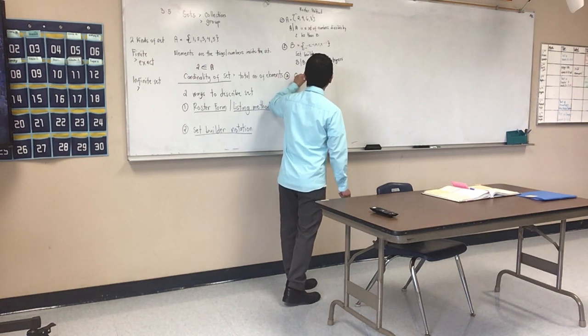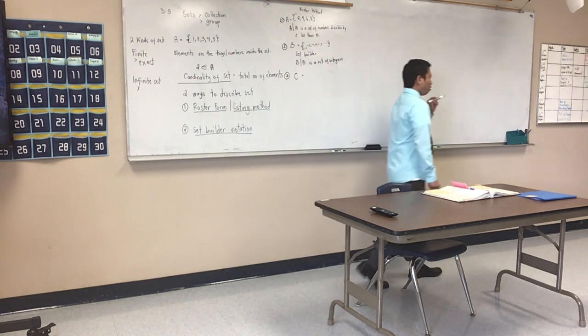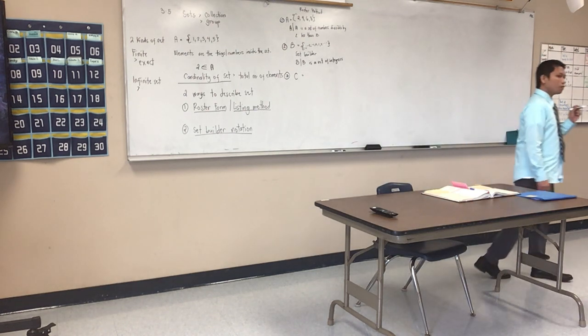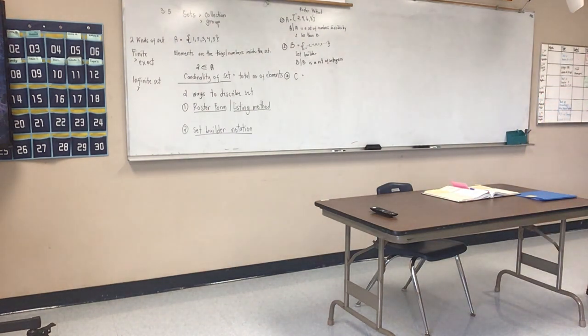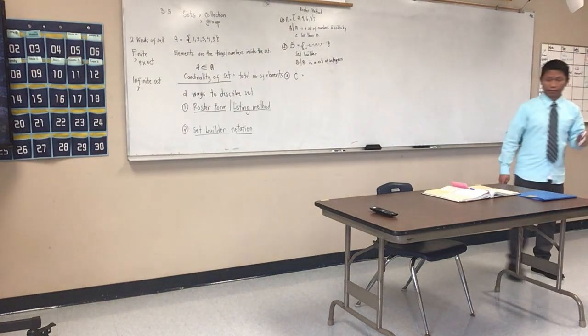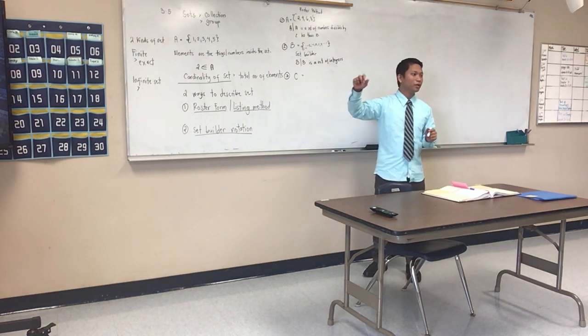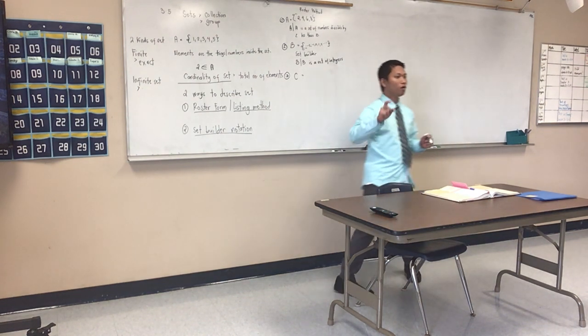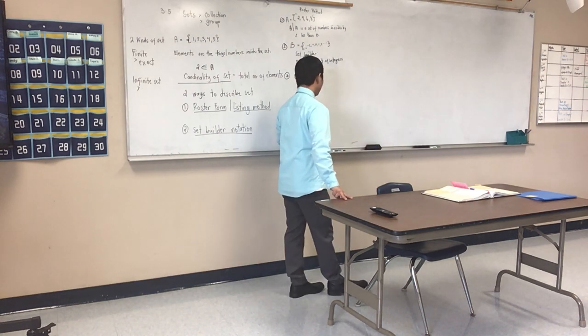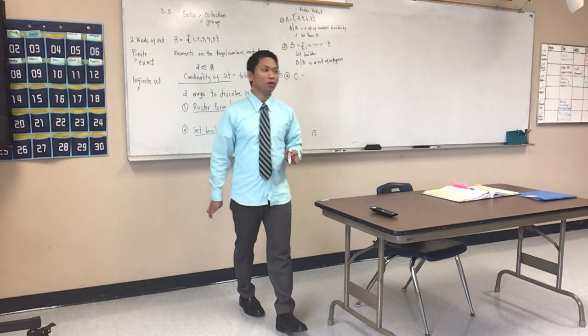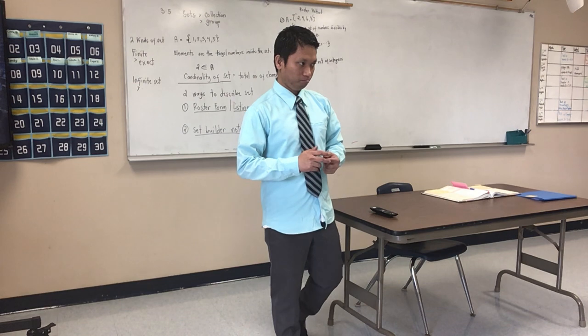Okay, how about set C? For example, set C consists of elements such that each is a factor of 15. Set C consists of elements that are factors of 15. So what are the possible elements, Von?